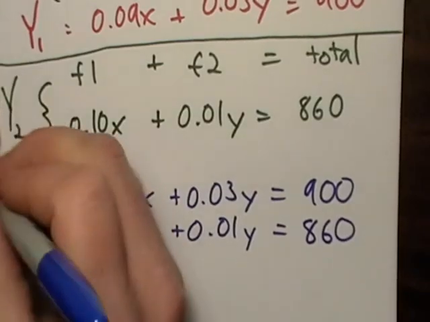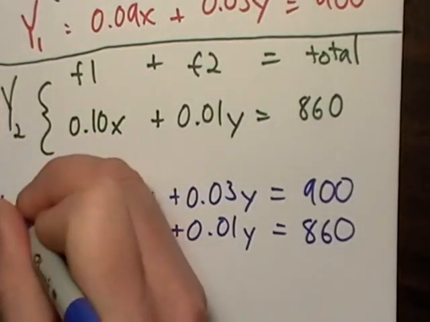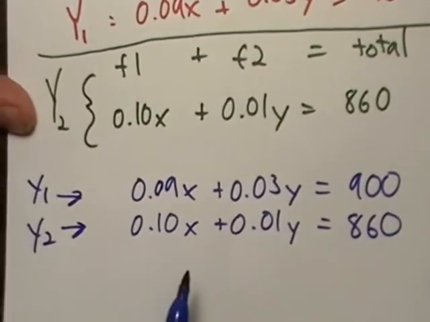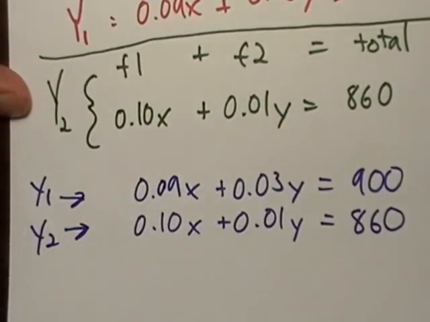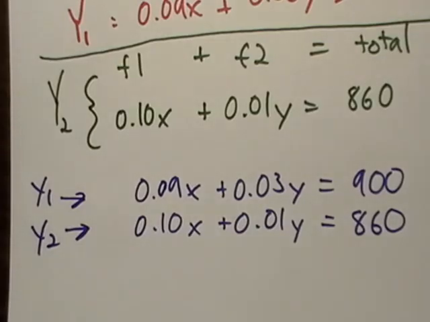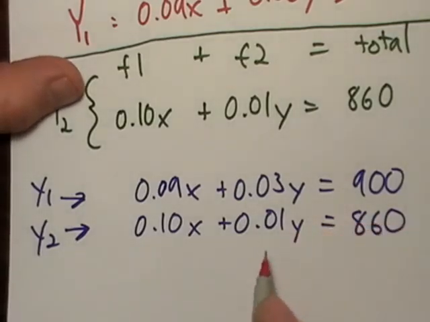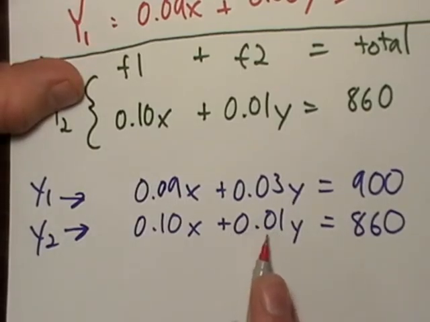Okay, so here was our year 1 data, and here was our year 2 data. So what we have here is a system of equations, and they both have 2 variables in them. So I need to eliminate one of the variables. If you notice, if this right here was a negative 0.03, then this would cancel out, right?